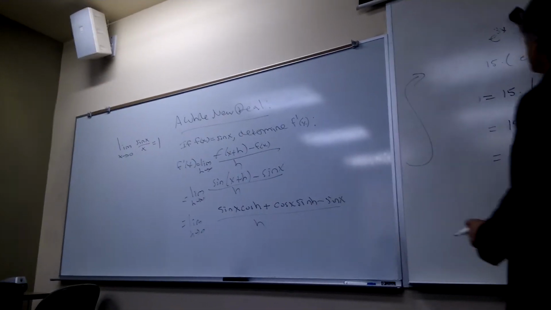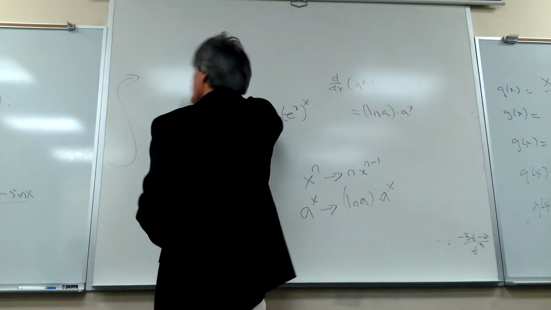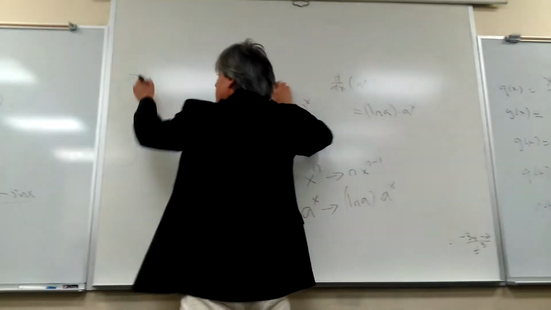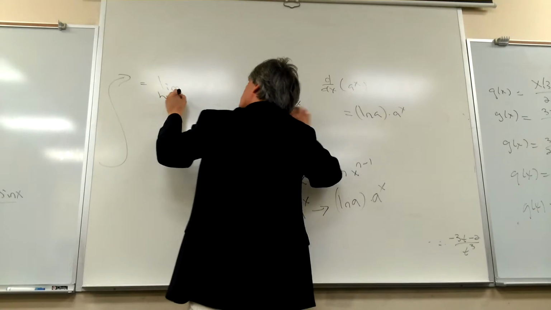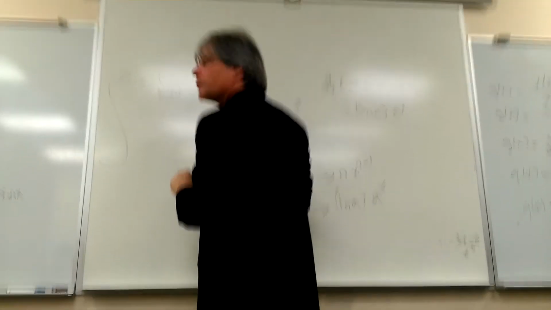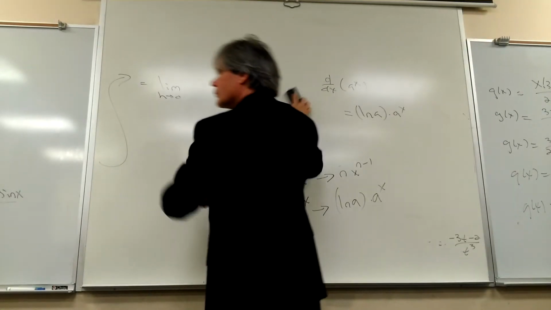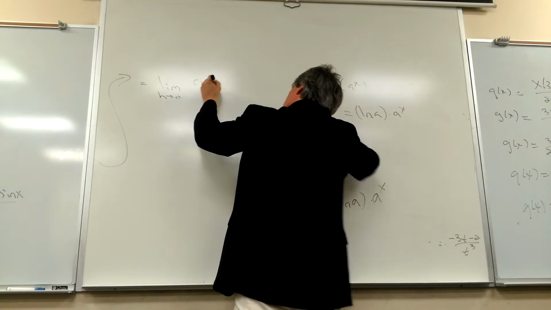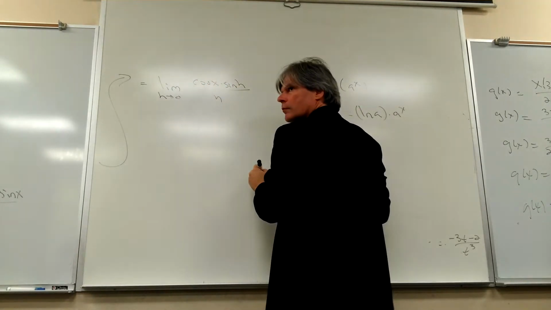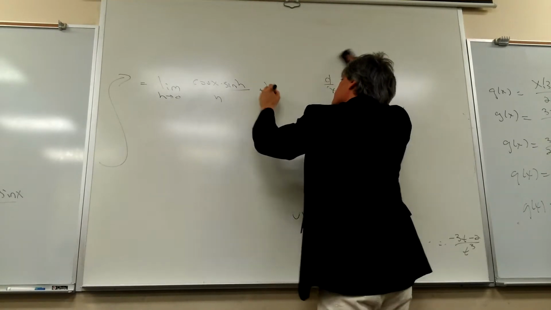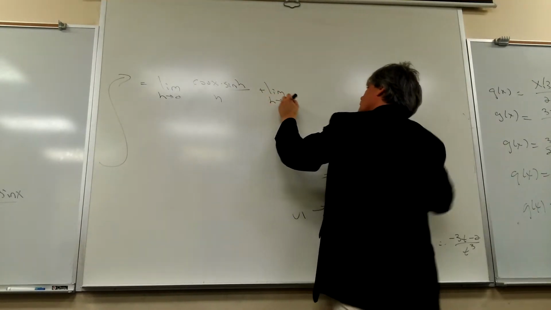And if you guys don't mind, let me reorganize my terms. Is that the same as a limit as h goes to 0 of the middle term, plus a limit as h goes to 0 of everything else left over?